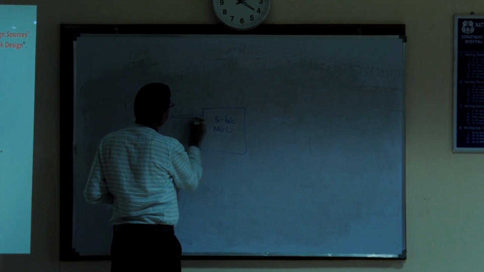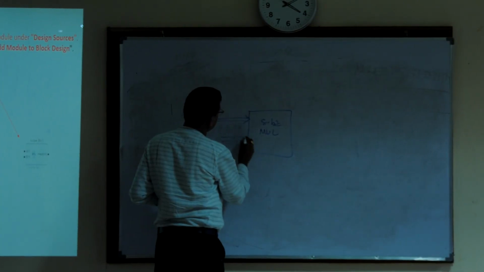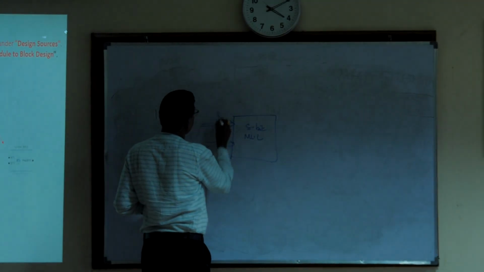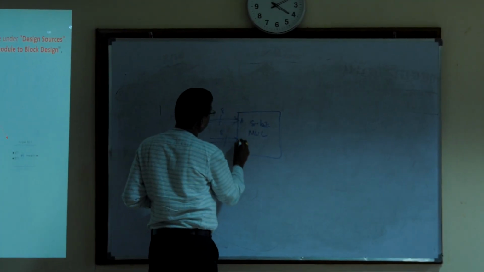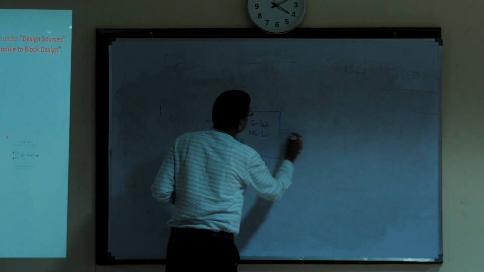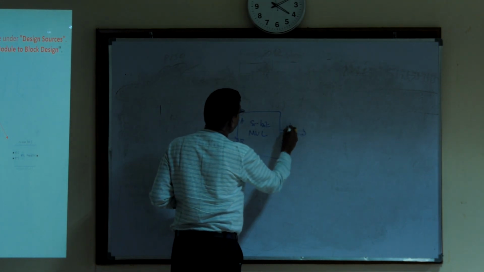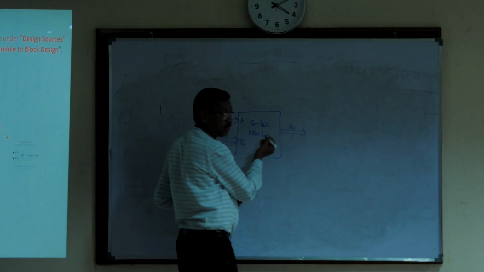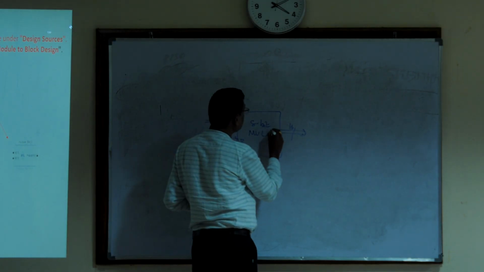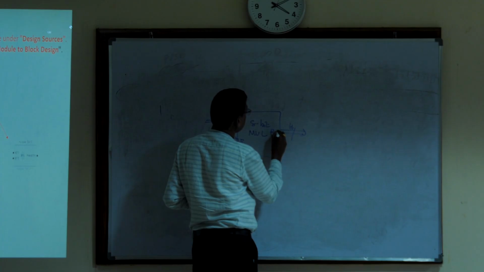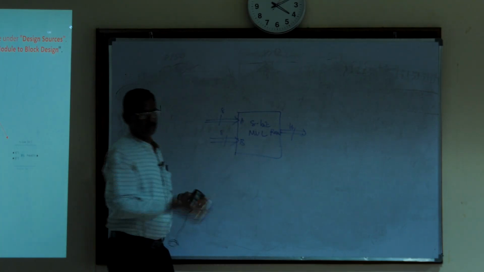So 2 inputs are there here, 8 bits each. This is A and B. This is the product. This is the simple design we have created. Product is the result. This is the multiplier symbol created here.